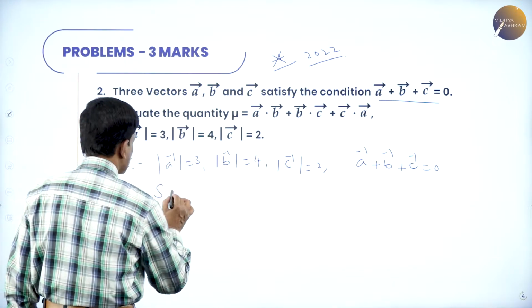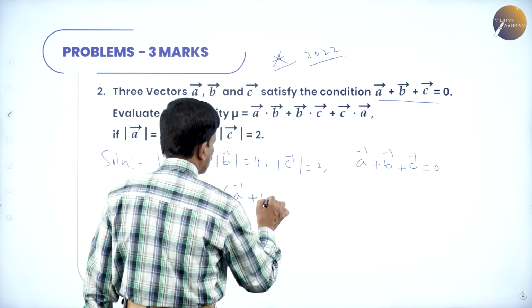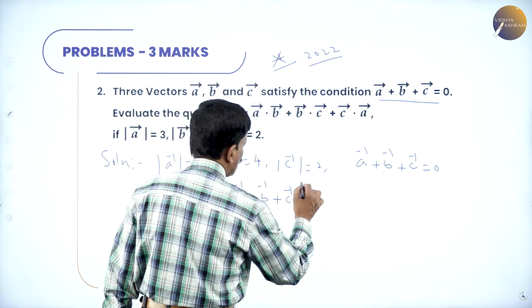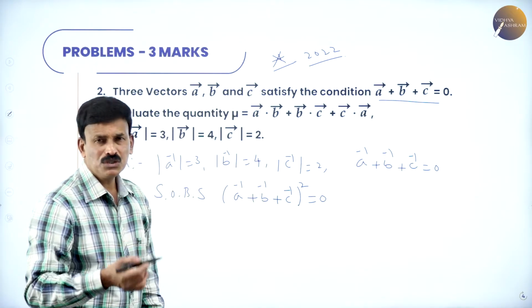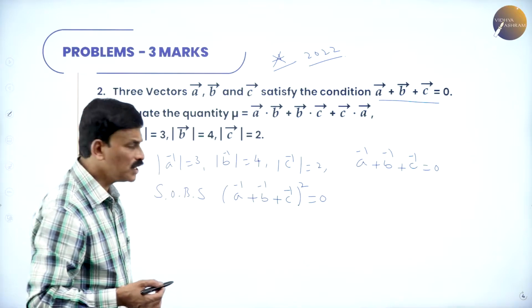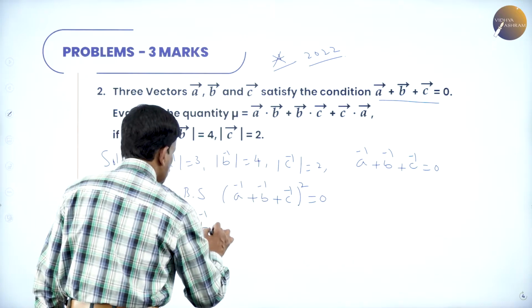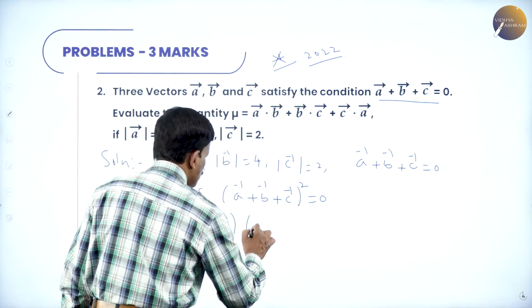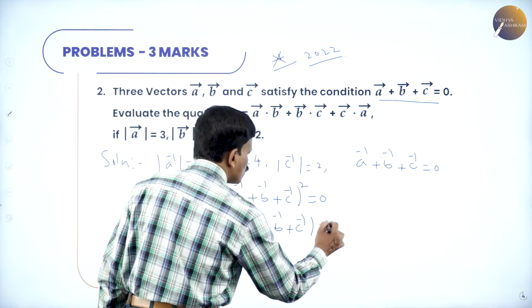Squaring on both sides, we can write vector A plus B plus C whole square is equal to 0. As you know, you can straight away apply the formula for this or you can multiply this. So I will take A plus B plus C whole square as A plus B plus C dot A plus B plus C is equal to 0.